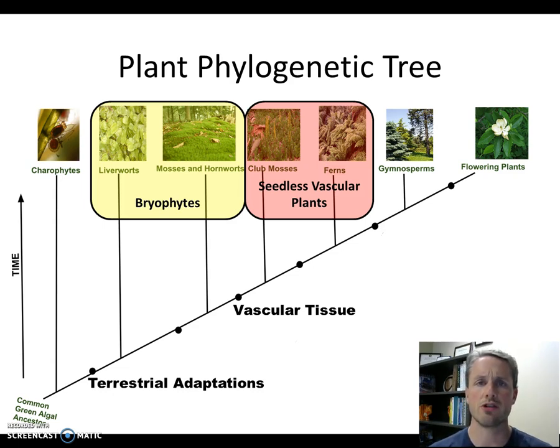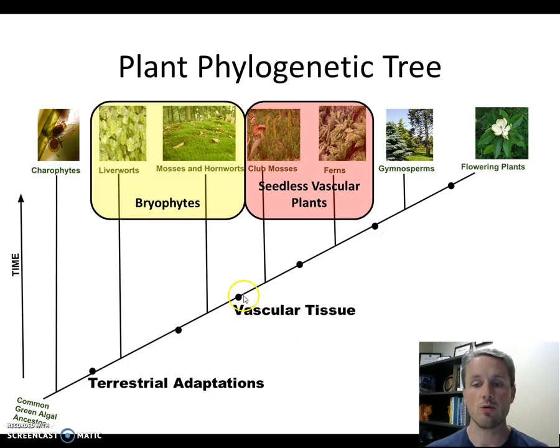So with the evolution of vascular tissue, plants could grow much taller and get more specialized, and they became much more successful. So seedless vascular plants, this group, they have this vascular tissue, and they have all the terrestrial adaptations that we've talked about previously.